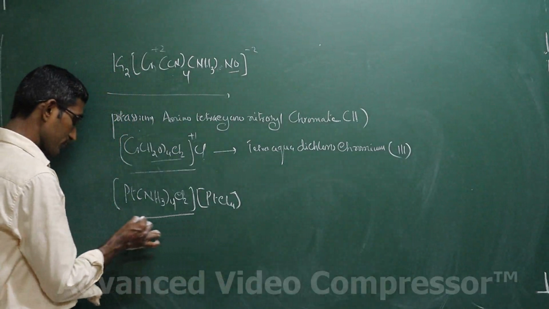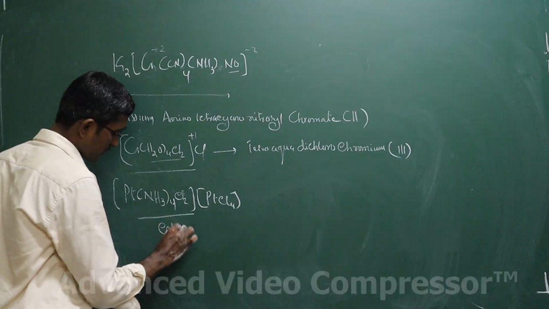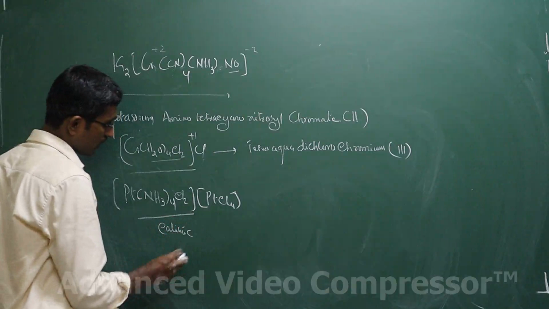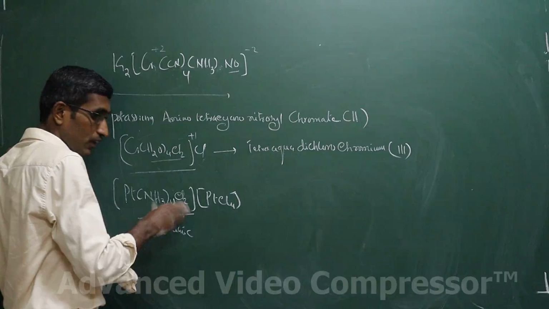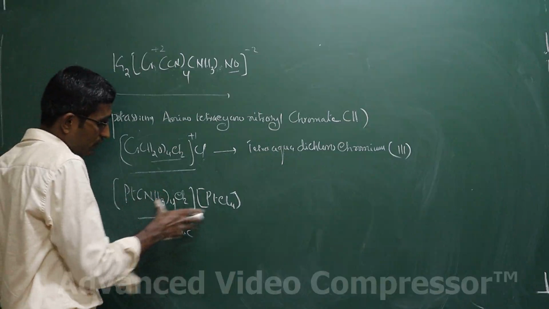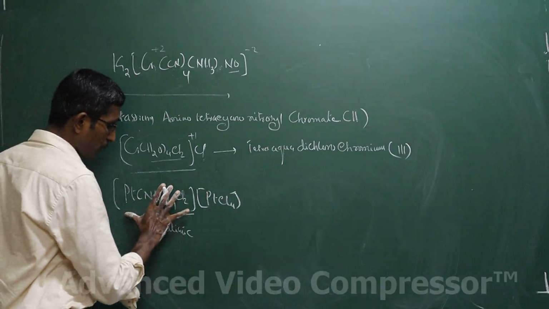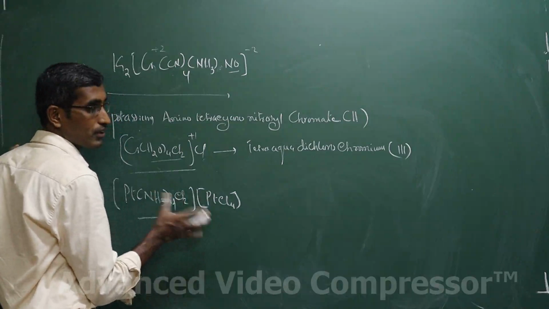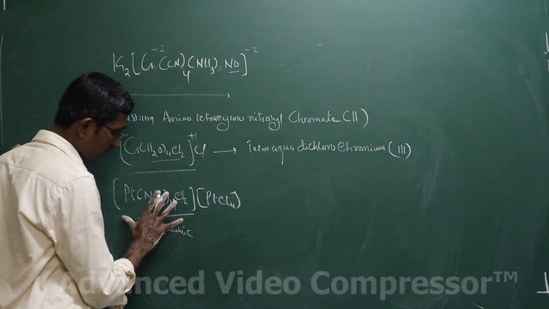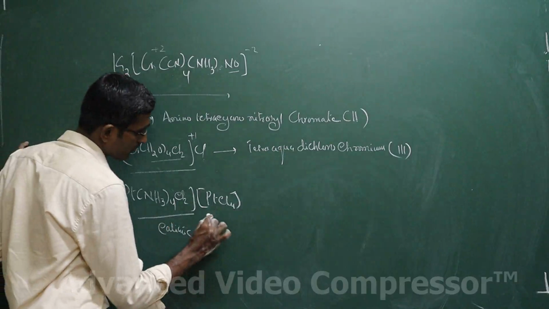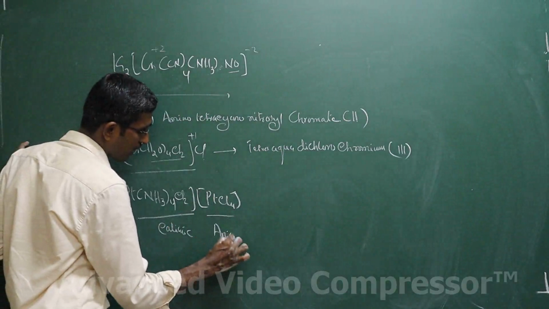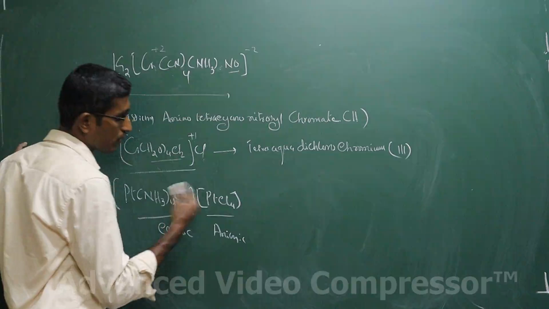It has 2 parts. This is a cationic part. The entire complex contains 2 complex ions. Both are complex ions, but this is the cationic part, and this is the anionic part, because the anionic part will always be put on the right side.